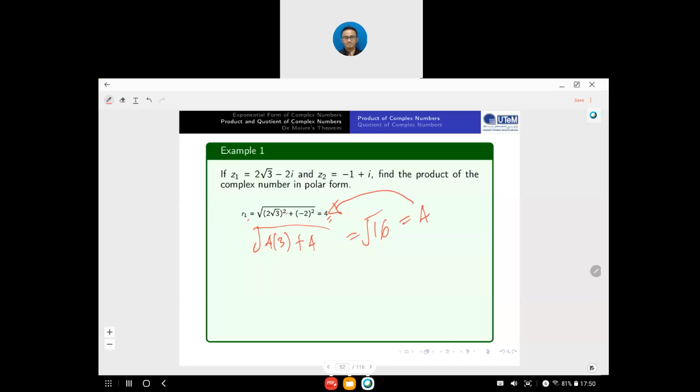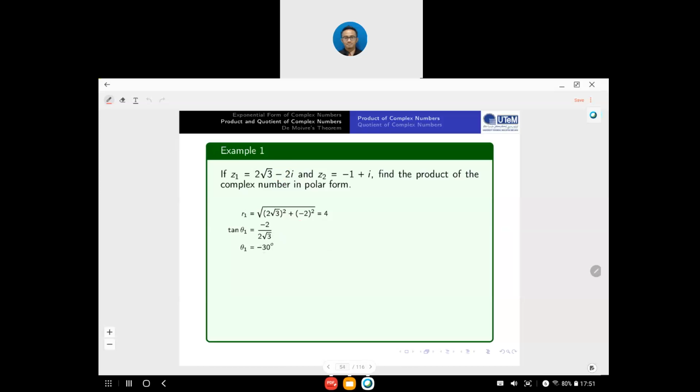And then tangent theta equal to negative 2 divided by 2 root 3. So you need to know first which quadrant this one is in. Y is negative, so it is quadrant 4. So you can get negative 30.